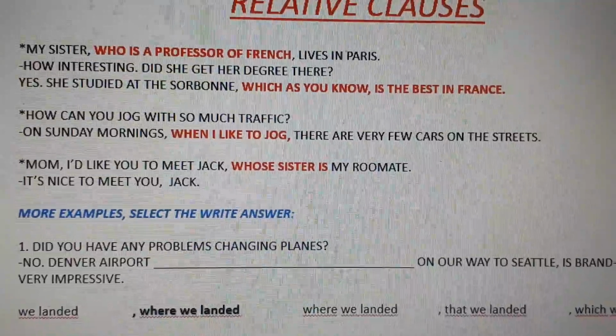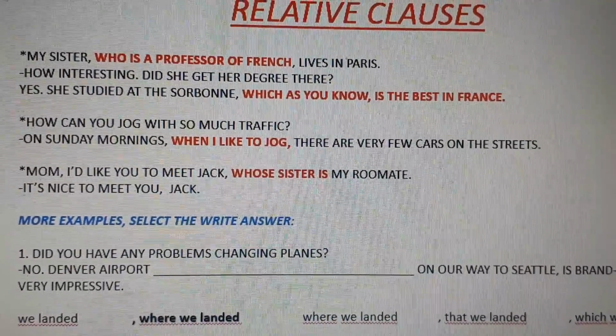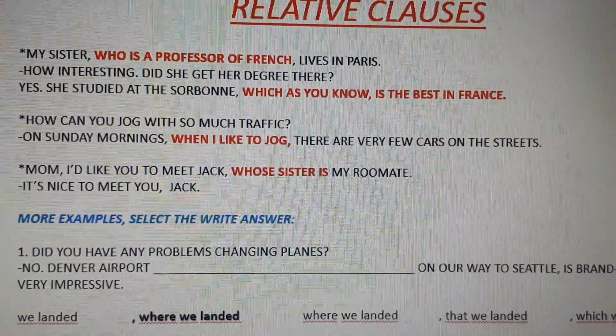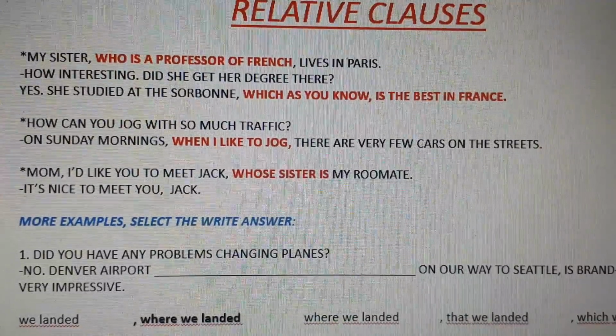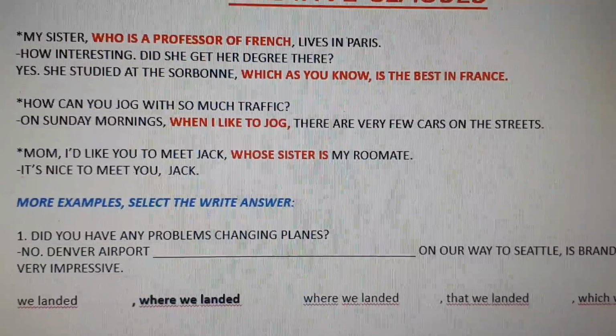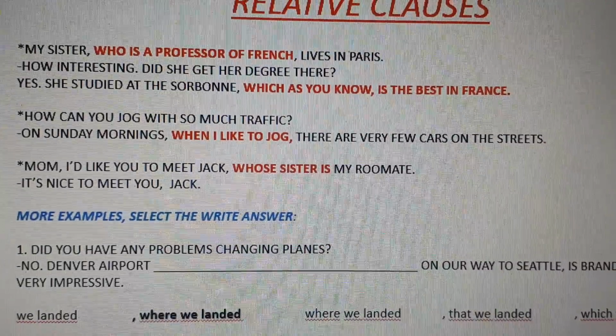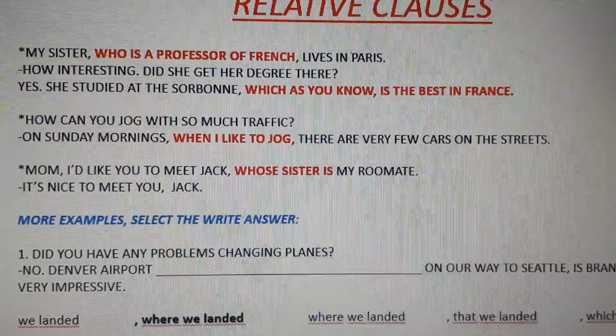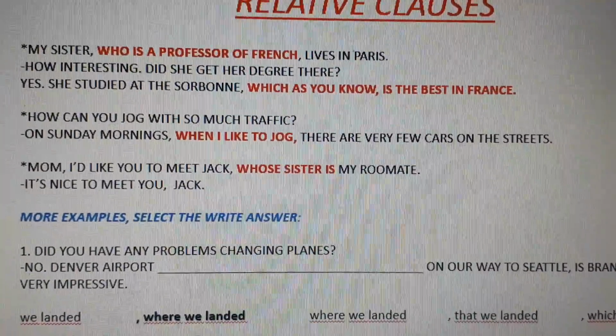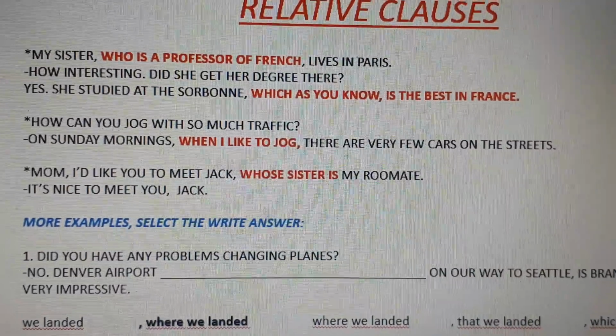Another one, Mom, I'd like you to meet Jack. Jack is a person, okay? Then it says, whose sister is my roommate, o sea, de quien es hermano, de quien su hermana, perdón, de quien su hermana es mi compañera de cuarto, okay? It's nice to meet you, Jack.